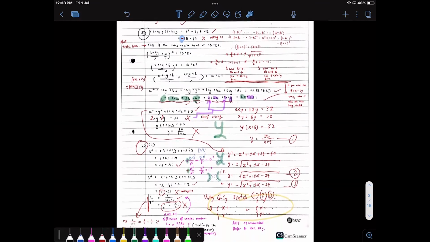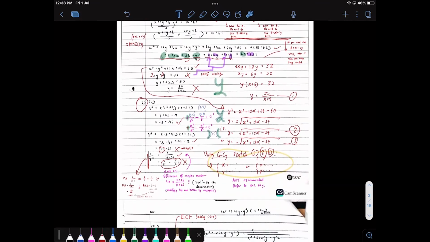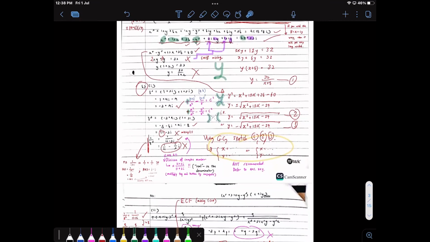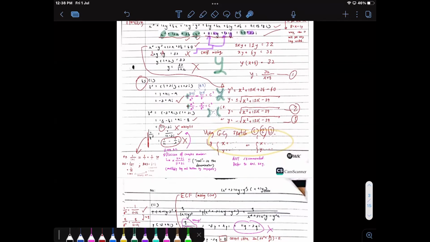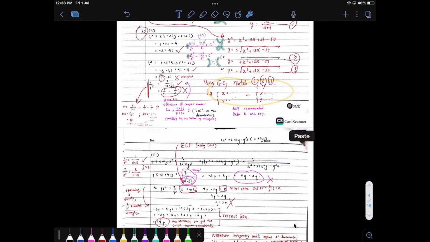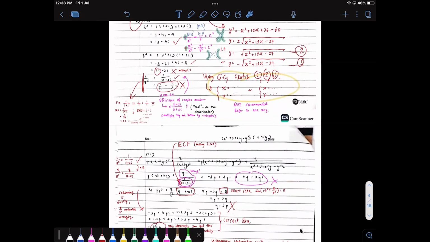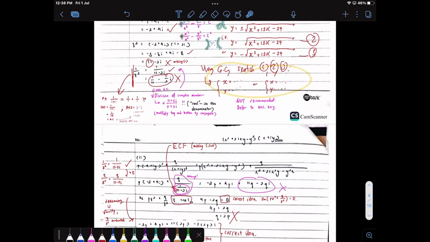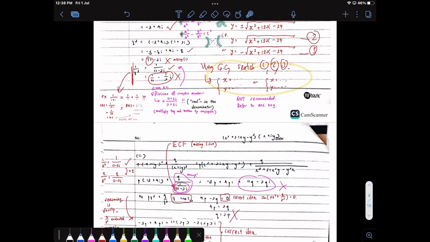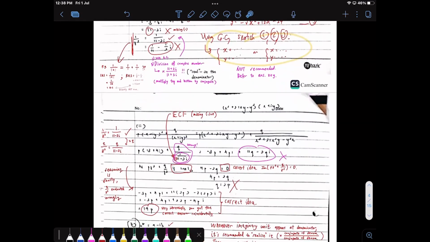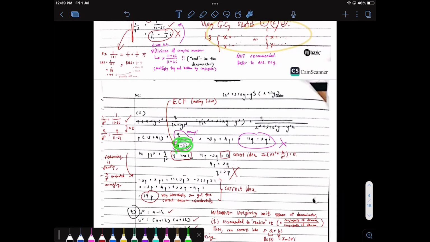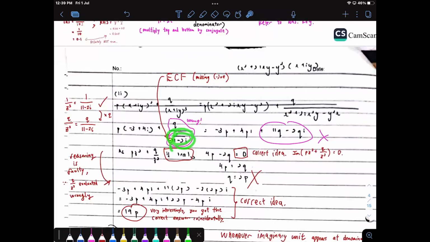Then other mistakes. Here your substitution is wrong. You did a 1 over 1 over, a double 1 over. That's not correct, so it's an algebra mistake.